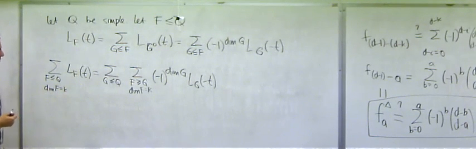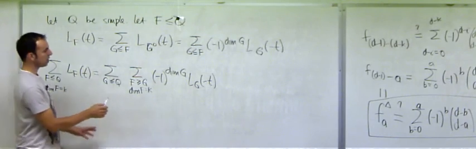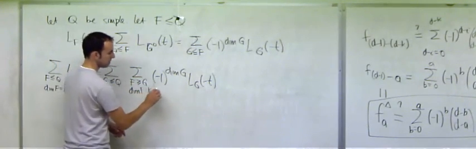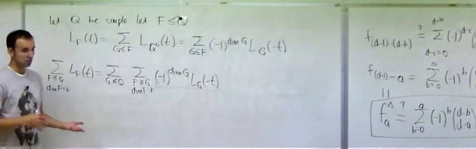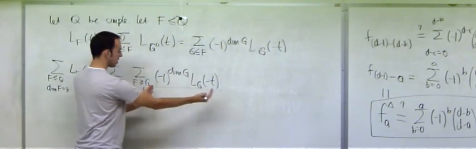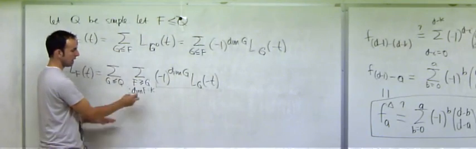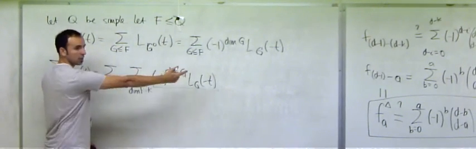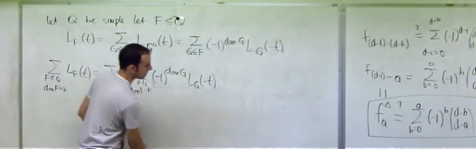And the reason that I do this is that you see all of this stuff right here depends on g and it doesn't depend on f. So that means that I can take all this stuff and factor it out of the summation and just move this summation over there. Okay? So let me do that.